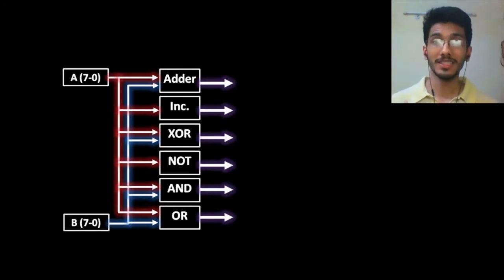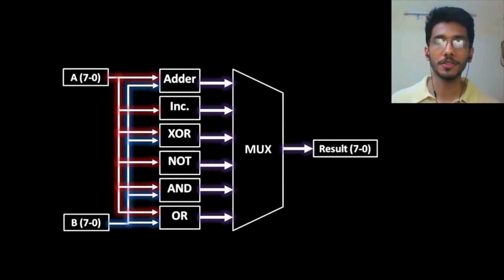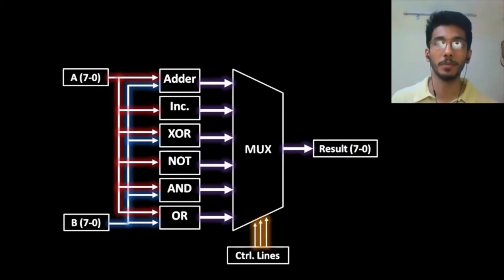So now all of these individual circuits are taking the same 2 inputs and computing all the results in parallel. Once you have computed all the results in parallel, you send it to a multiplexer, which then decides which of these results should be sent to the final output of the ALU. And of course, the select lines of this multiplexer act like control lines that actually help us decide which result is available on the output.